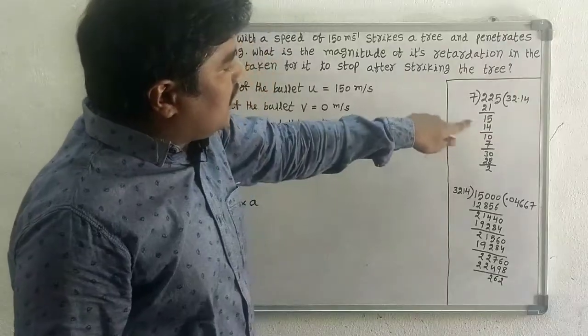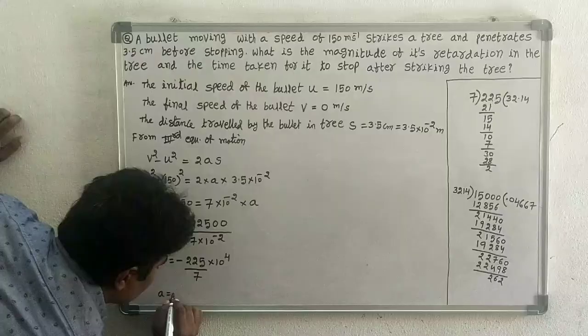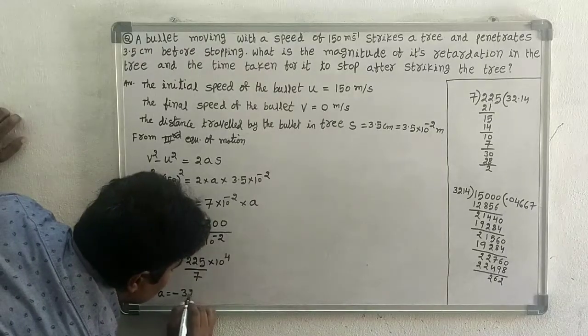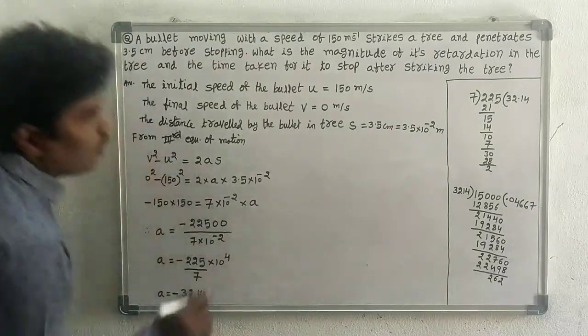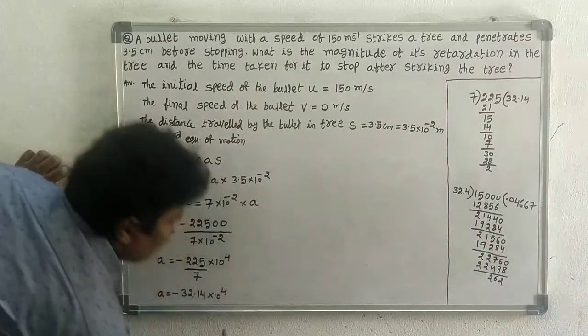I solved this already. 225 by 7 we get 32.14, so minus 32.14 into 10 to the power of 4.